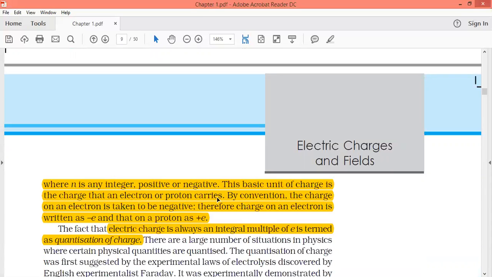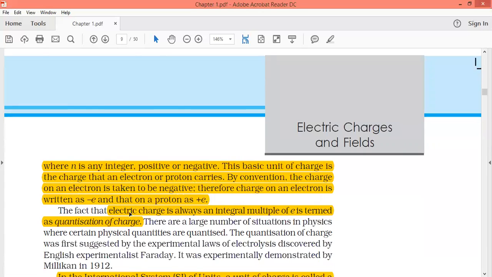We have discussed that a neutron is divided into an electron and a proton. The electron will have negative charge and the proton will have positive charge. By convention, the charge on the electron is taken to be negative. Therefore, the charge on the electron is written as minus e, whereas the charge on the proton is denoted as plus e.